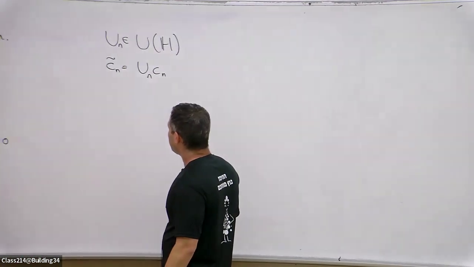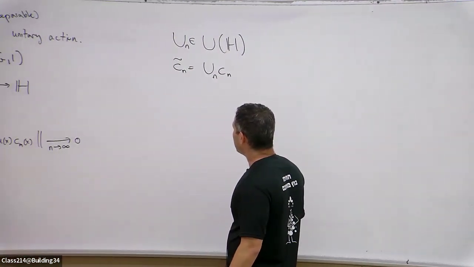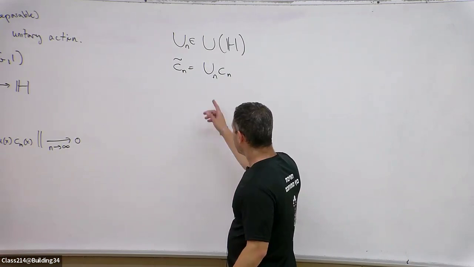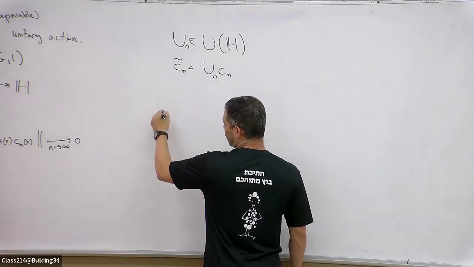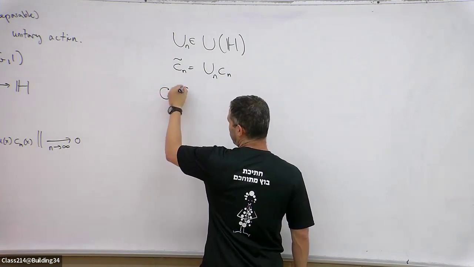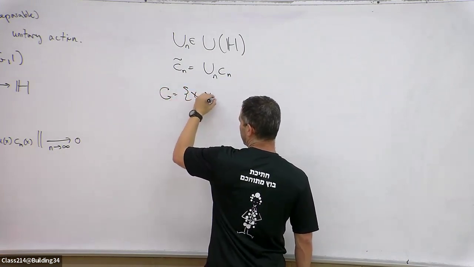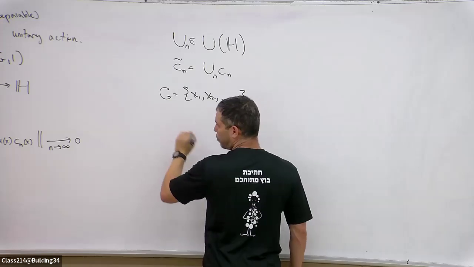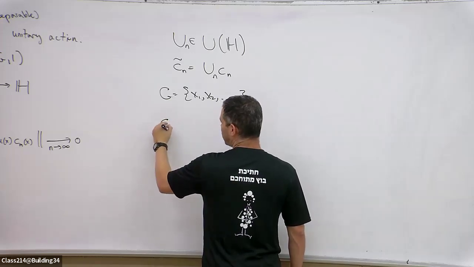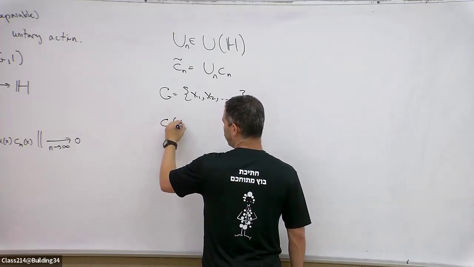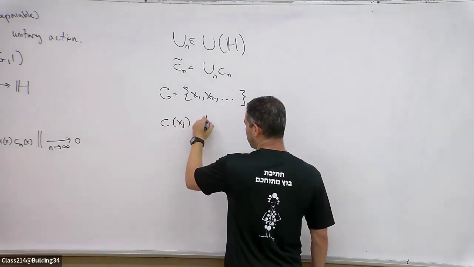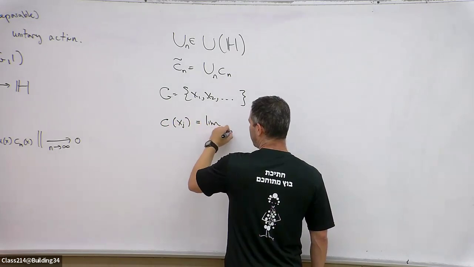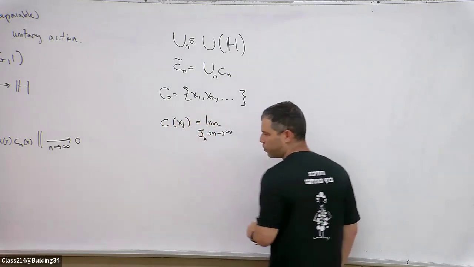Cn tilde was defined this way, and then we wrote an enumeration of our group, and what we managed to do was to define C of xj for any j as the limit as n goes to infinity inside some subsequence jk.